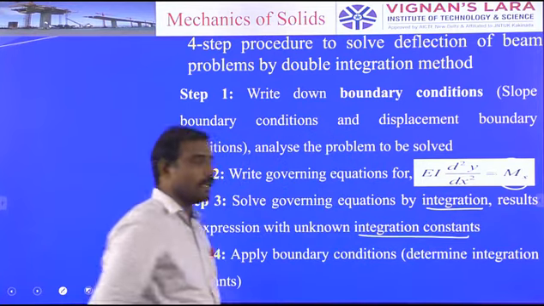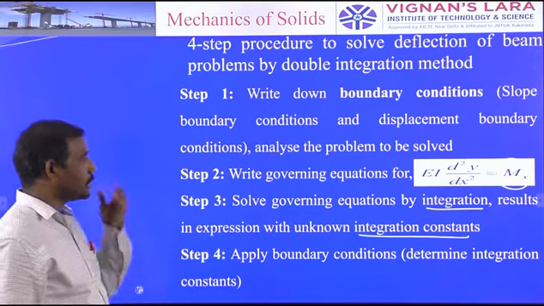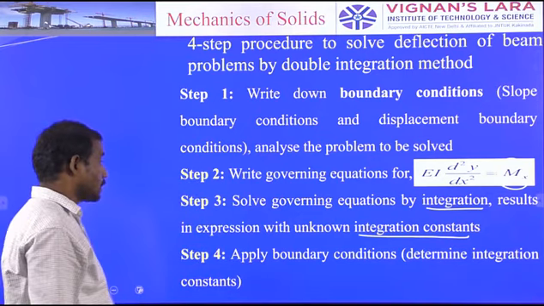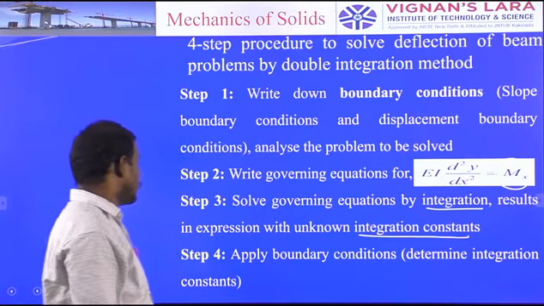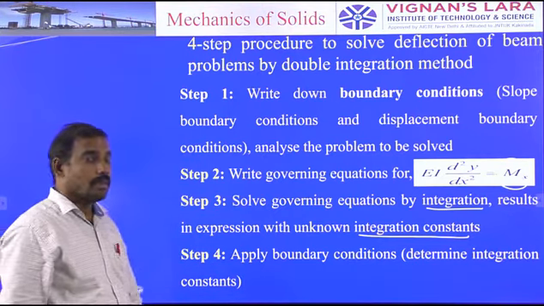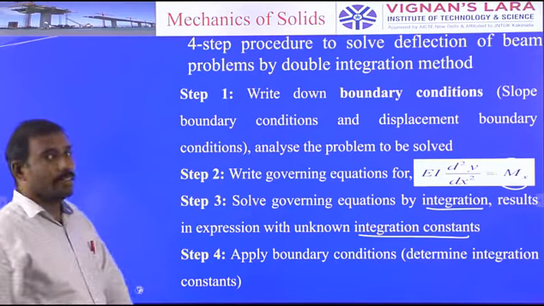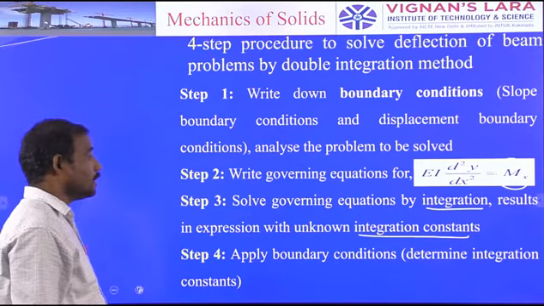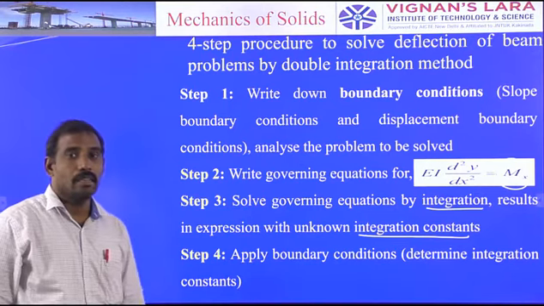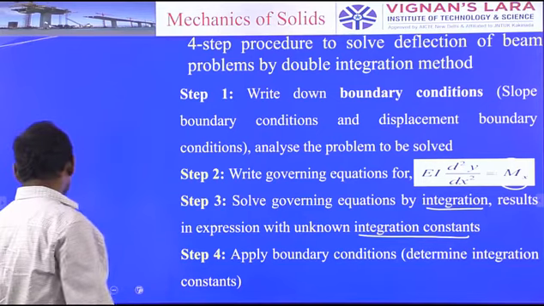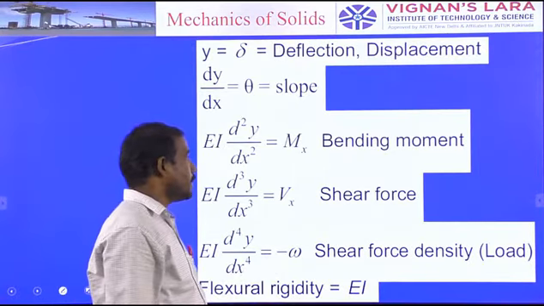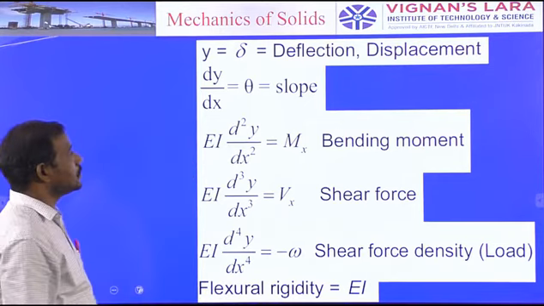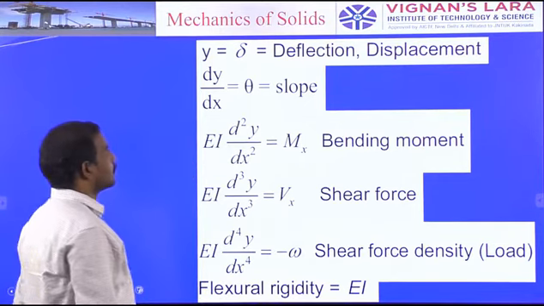By imposing the boundary conditions. Finally, by applying the boundary conditions, determine the integration constants and find the slope and deflection at any position, that is, at a distance x from the known point.